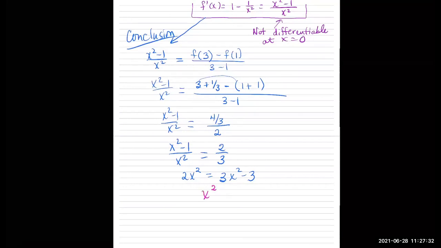So it looks like I will end up with x squared is equal to 3. So I get x is plus or minus the square root of 3. So we still need to pick out the answer to our problem, but any questions about solving that equation before we do that?